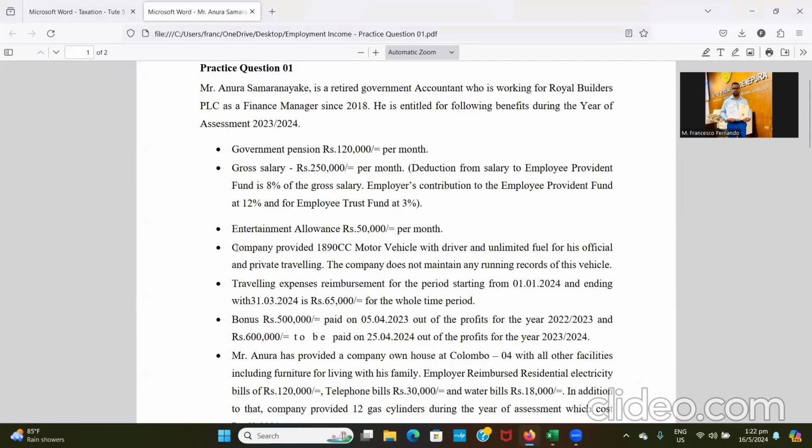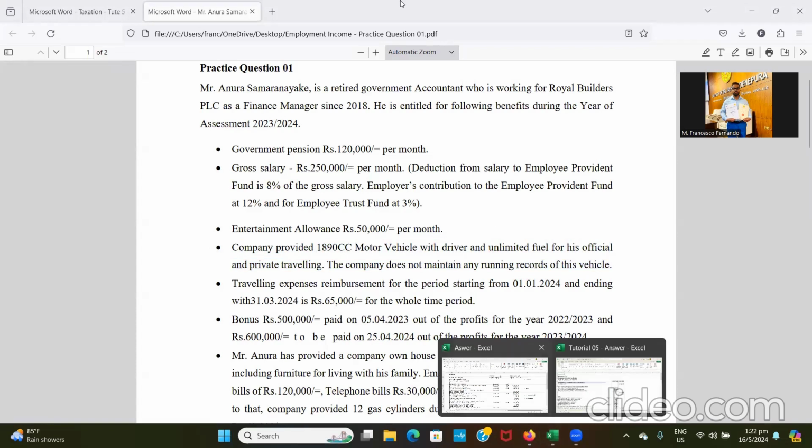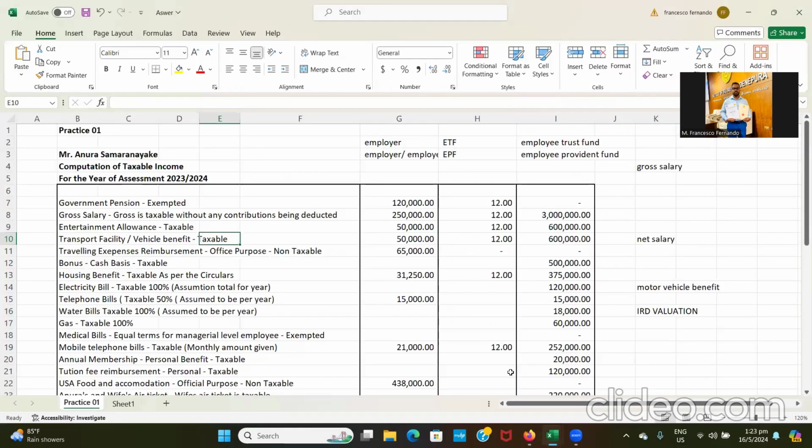Now here there is no value. So Shivanti, can we put 1890 as the value? Since you like questions, can we put 1890 in the motor vehicle value? Anyone, how to get this value? Now here in the answer it is 50,000. Can someone tell me how this 50,000 came?